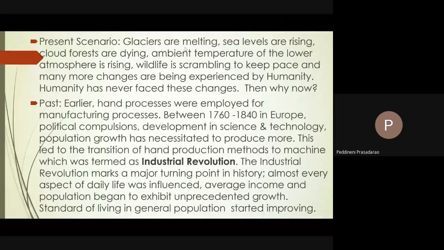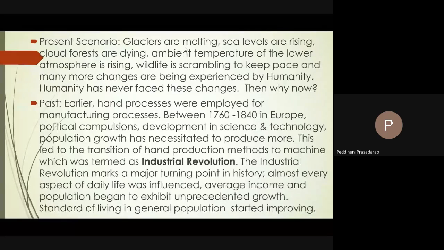So many things have happened, and I can very confidently say that we started using more resources and producing more products. That is what happened. And as an ancillary, we have also started producing more and more waste products.